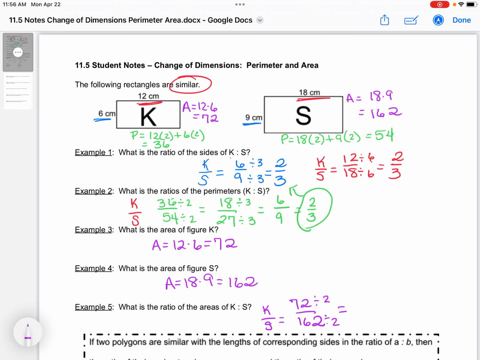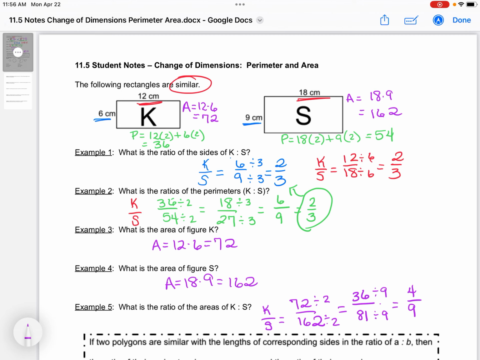Oh, 9 would have gone. All right, 36 over 81. I divide by 9. So I get 4 over 9. Okay, 4 over 9 can't be simplified.